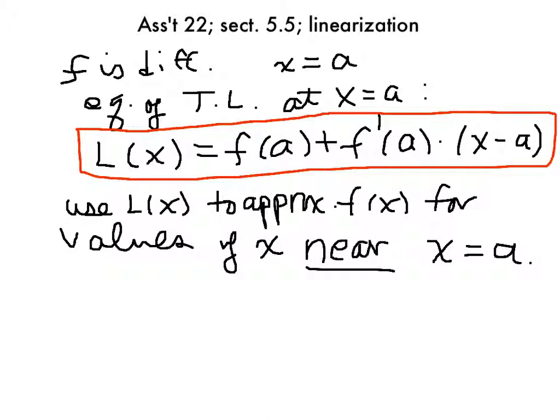You should notice that the tangent line, the linearization, and the curve agree exactly at x equals a. And it's quite possible that the farther we get away from x equals a, the less well that approximation works. And so let's look at an example to help understand this.